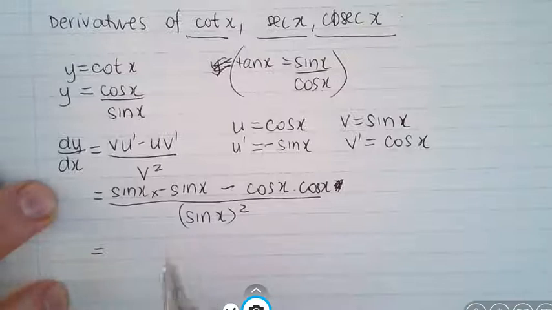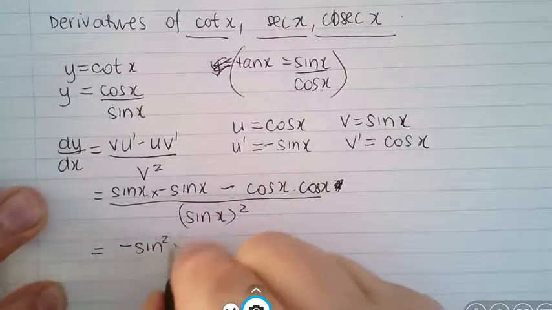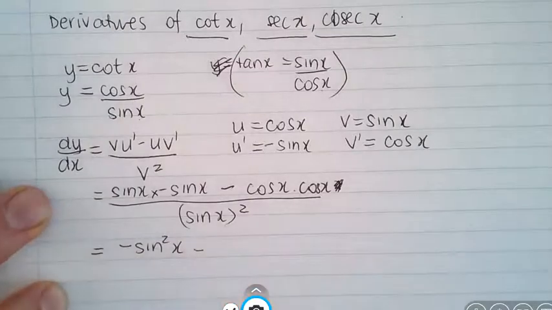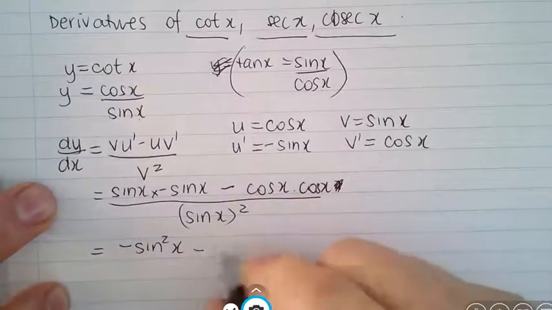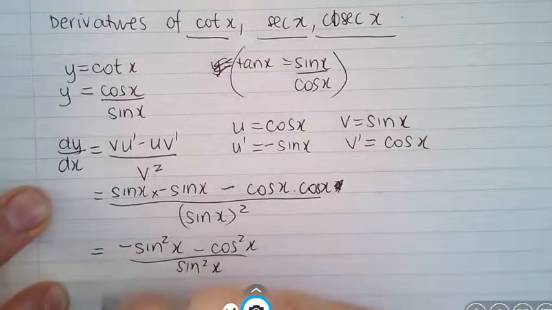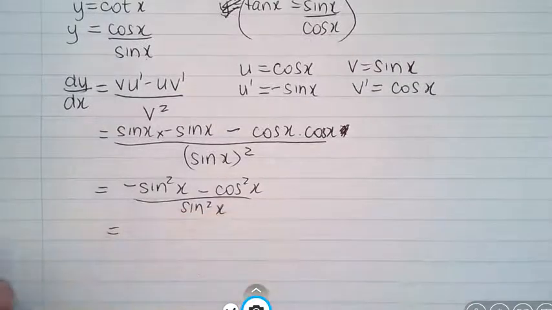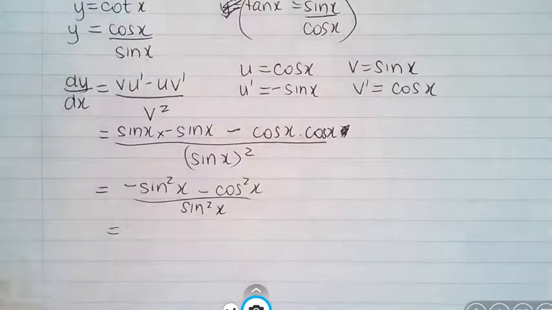So what have we got here? Sine x times negative sine x. Isn't that negative sine squared x? What else? Take away cos squared x over sine squared x. What should I do with these negatives? What's the relationship between sine squared x and cos squared x?